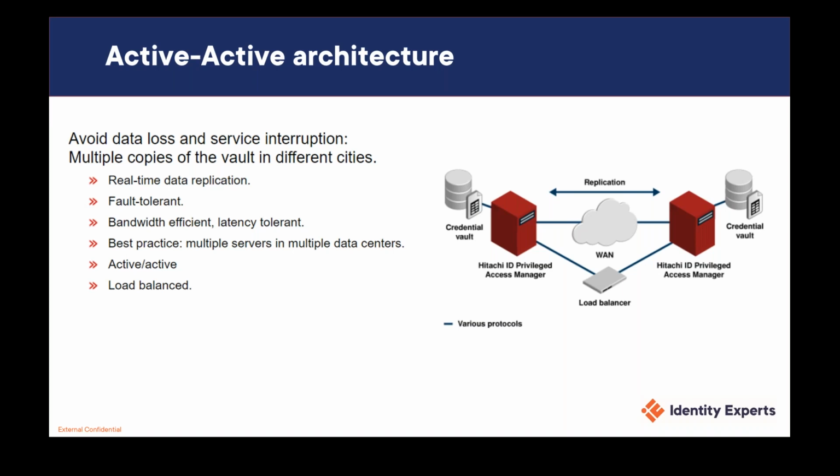So we bring to the table an active-active model that is geographically distributed, and we've had customers who have lost entire data centers due to flooding and storms and power outages and things like that, and they've been immediately able to fall back to another replica and recover those systems.